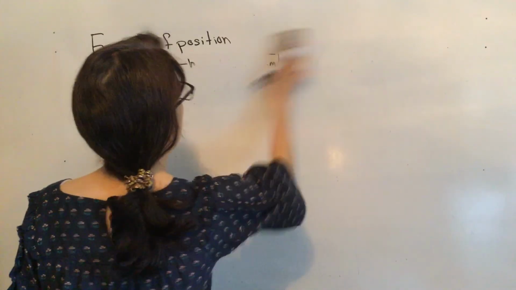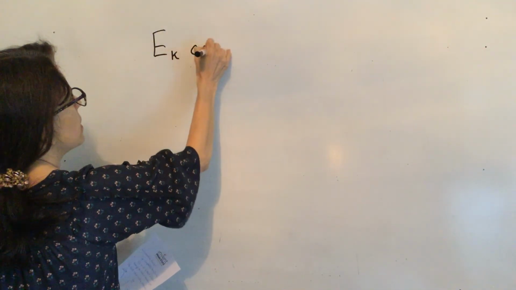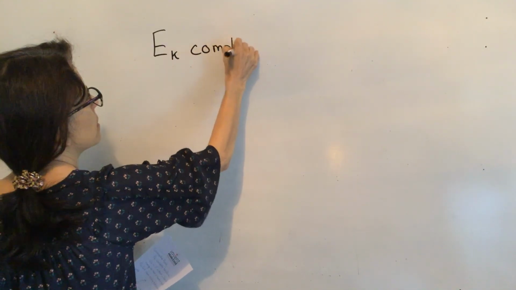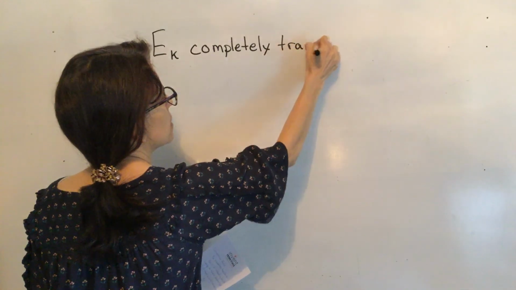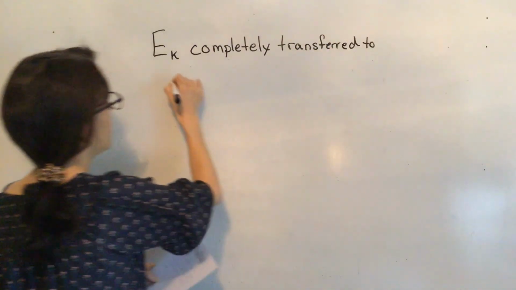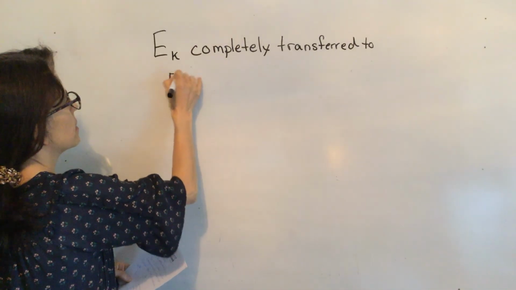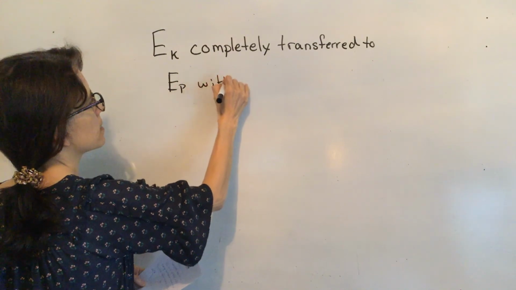When I want to remember how I know if a force is conservative, well, if a force is conservative, my kinetic energy is completely transferred to potential energy with no loss.